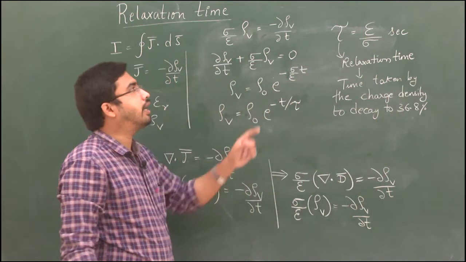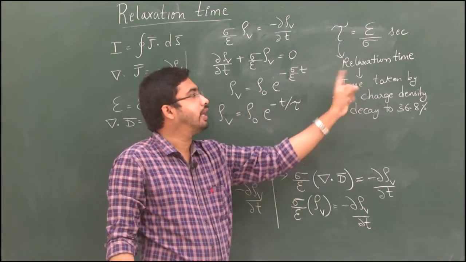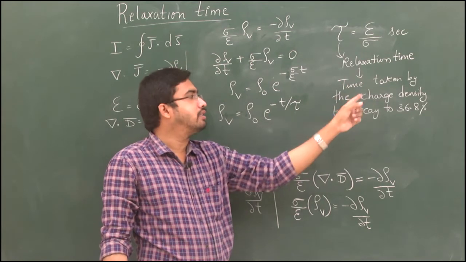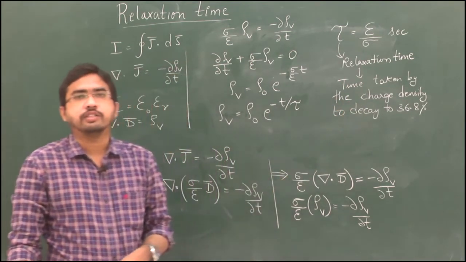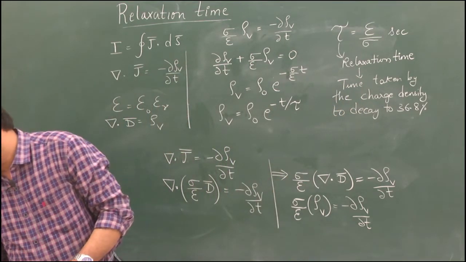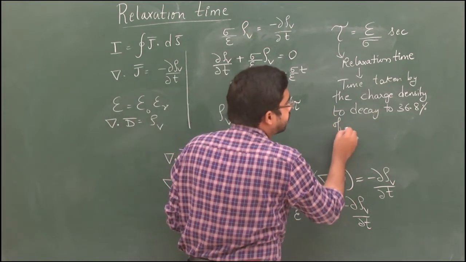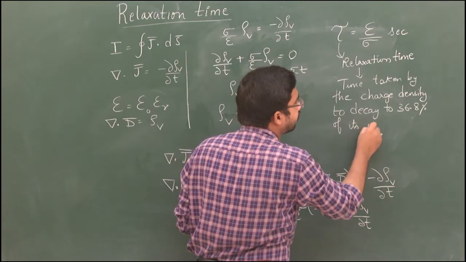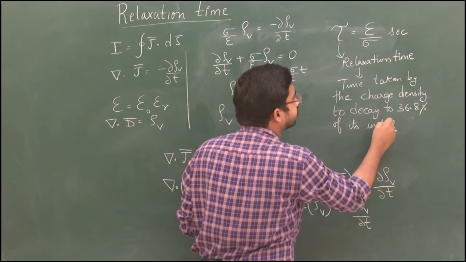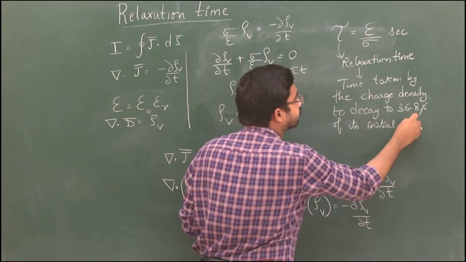So this tau, the relaxation time, is the time taken by the charge density to decay to 36.8% of its initial value.